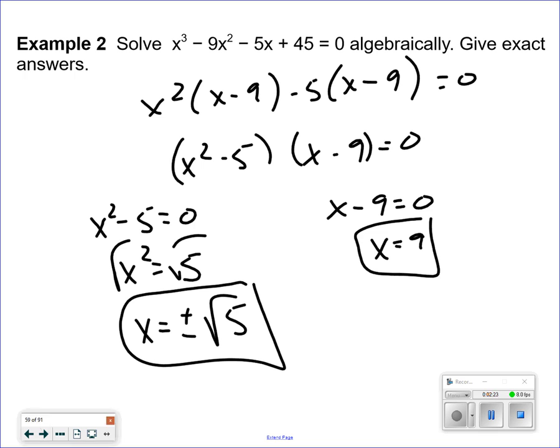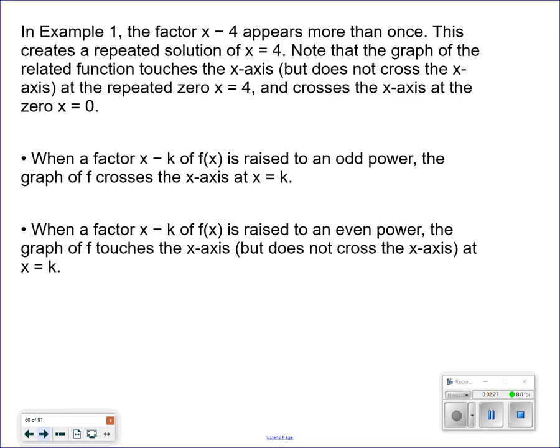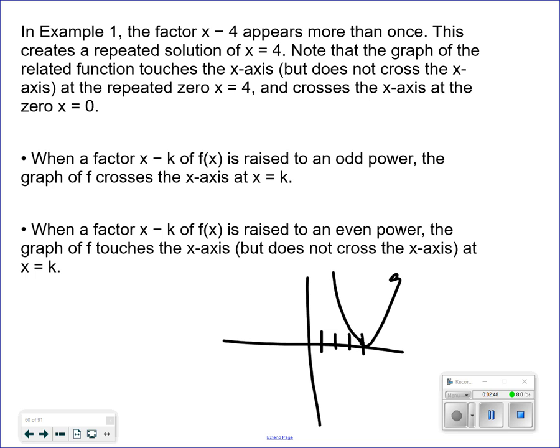Now let's go back to talking a little bit about the fact that we had 2 of the same answers in the last question. If ever you get a situation in which something repeats, meaning you have more than one, if it's an even number, meaning it repeats twice, what's going to happen is on the graph, it just touches the x-axis. Anytime it just touches the x-axis and doesn't go through the x-axis, it means it happens twice or even 4 times.